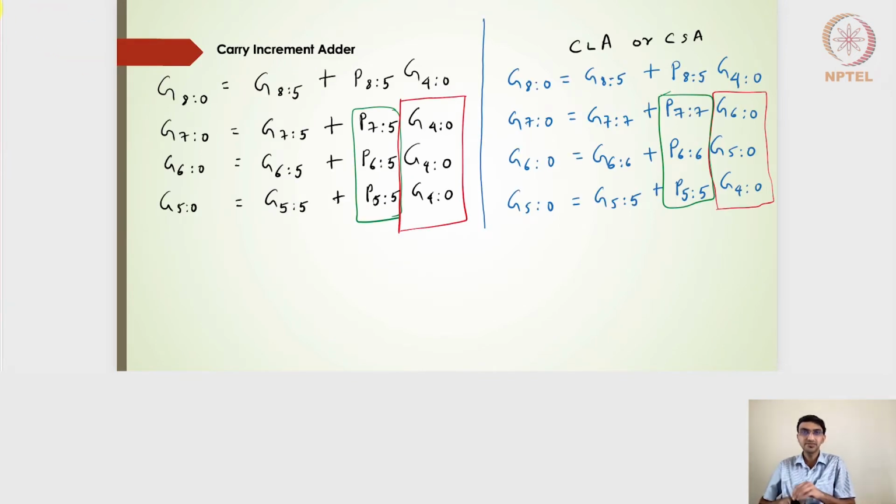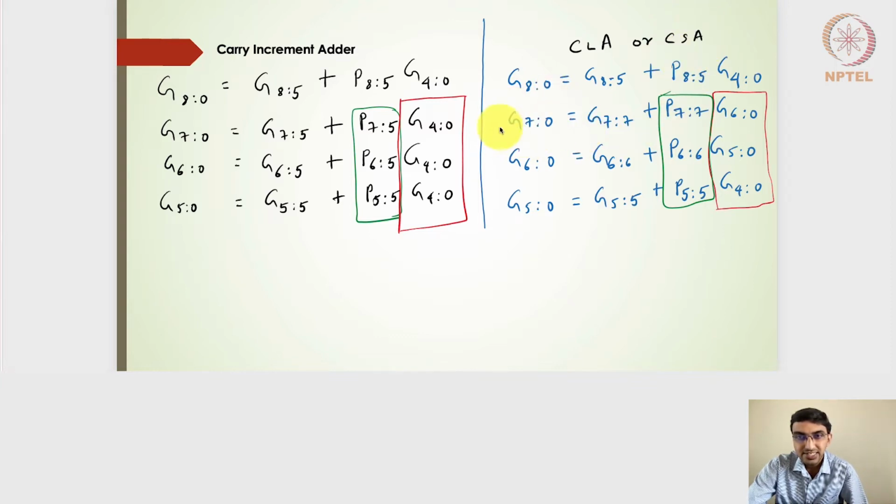So just to revisit the carry increment adder and to understand the overall delay. What the carry increment adder does is it utilizes the previous carry out, and simultaneously it generates G7:0, G6:0, and G5:0, while G8:0 is generated. This is the difference with respect to the CLA, the carry lookahead adder, and the CSA, the carry skip adder.